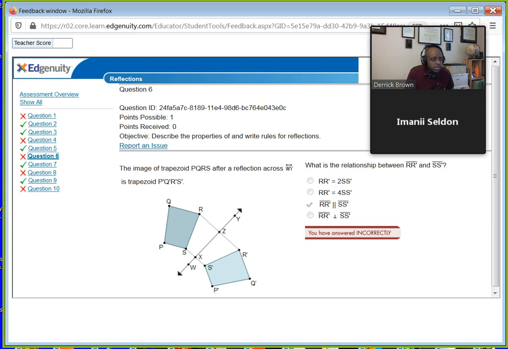Yeah, this is 6. It says you got it wrong, but the only answer chosen is the right answer. Trust me. Remember now, we're gonna pass you on the quiz anyway. We're just making sure we understand the ones you have missed. I'm gonna just submit it. I got a 70. Okay, so it is.